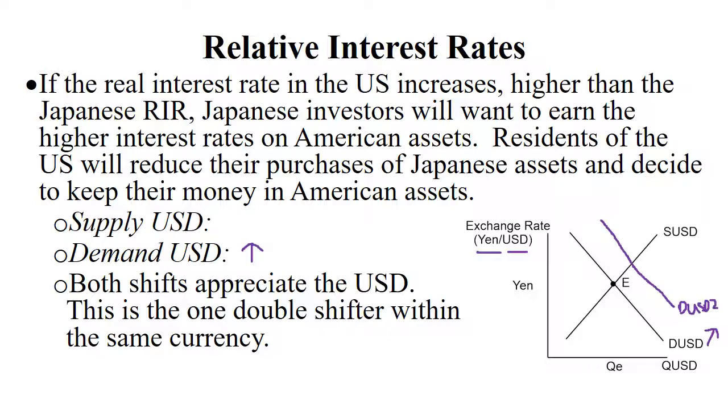I'm going to keep my money at home. So the supply of the US dollar in these international markets will decrease, because instead of keeping their money in a foreign country, they're going to decide to keep their money at home. So the supply of the US dollar shifts to the left.